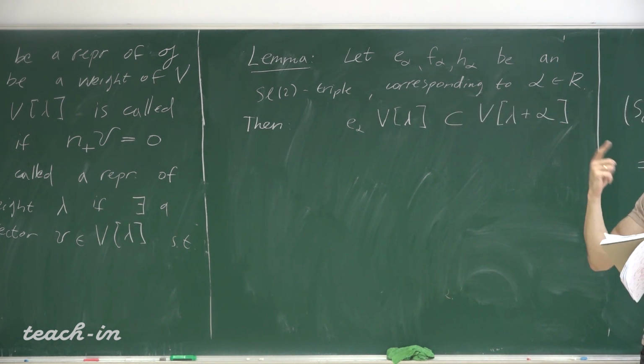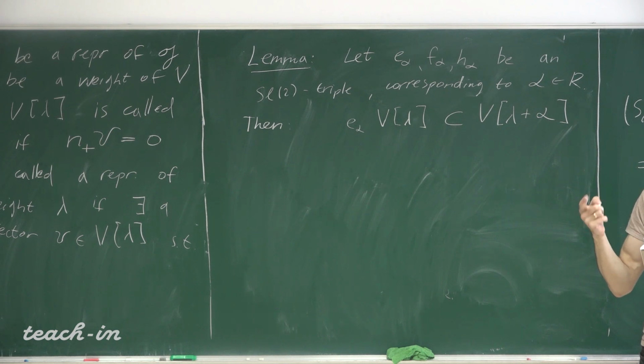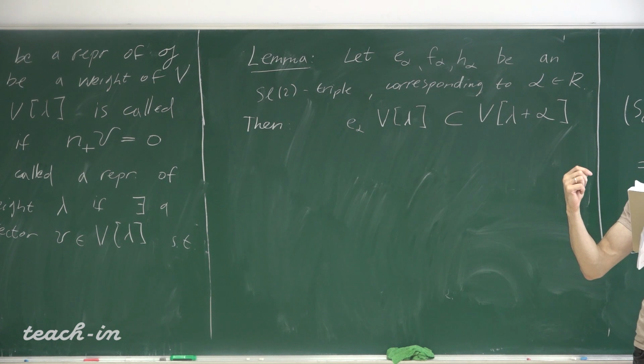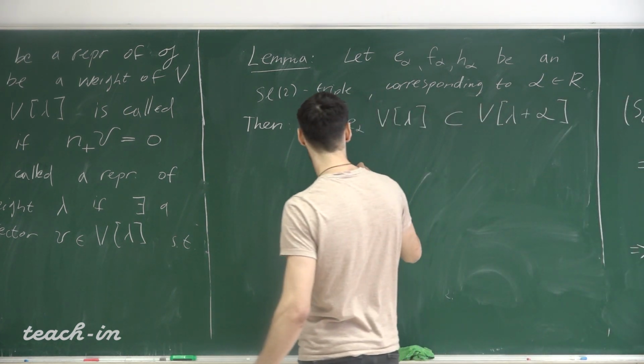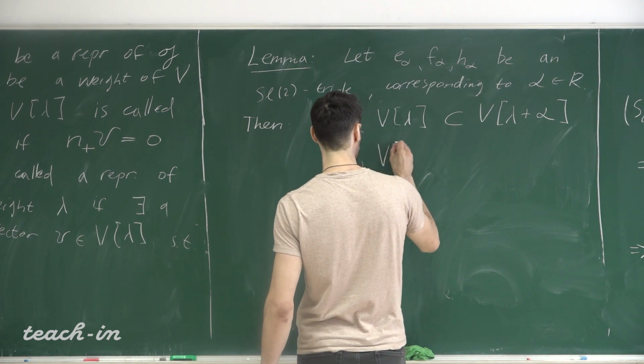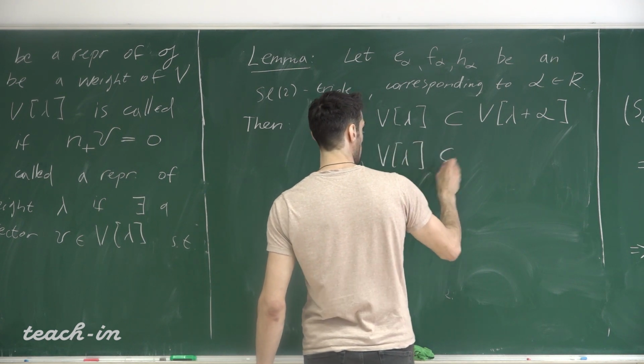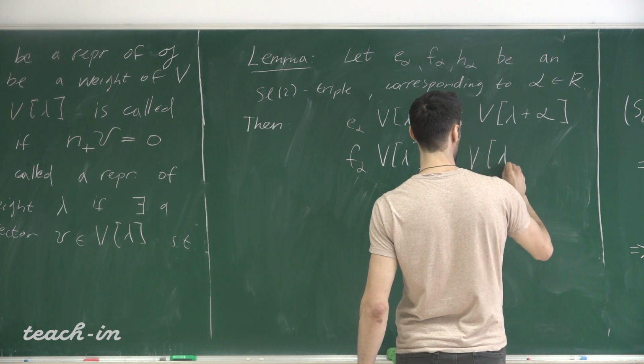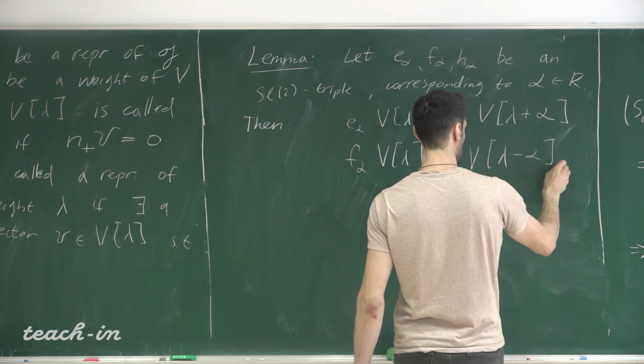So E alpha is a raising operator in some sense: it raises our weight by alpha. Similarly, F alpha, if I apply it to V lambda, will belong to V lambda minus alpha.